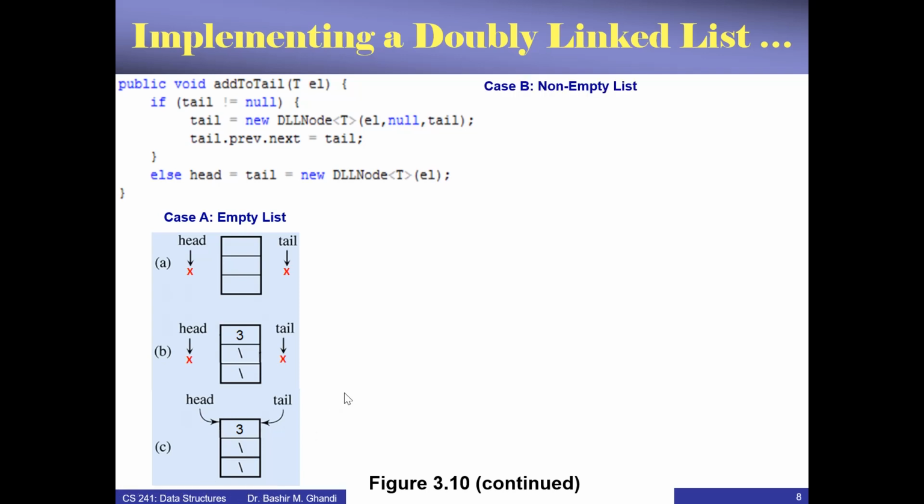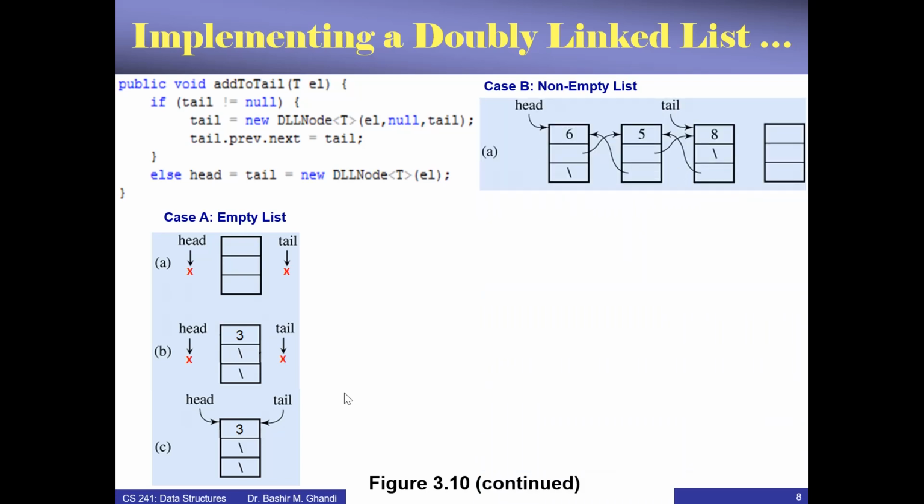The difference is if the list already has some nodes, like here. So suppose we have a list, again, containing 3 nodes, 6, 5, and 8. And now we want to add a new node at the end. So the first thing to do is to create the node.